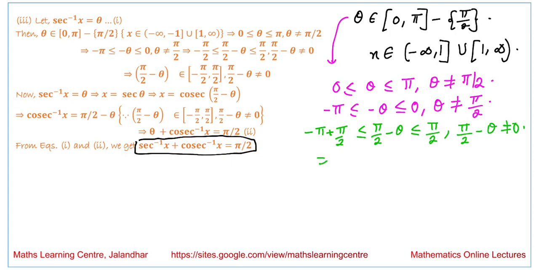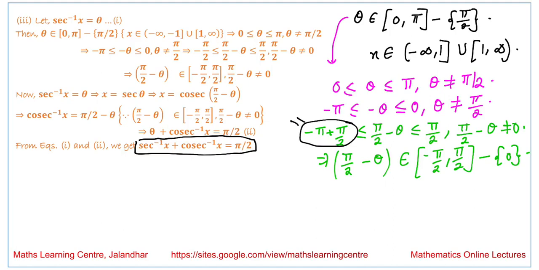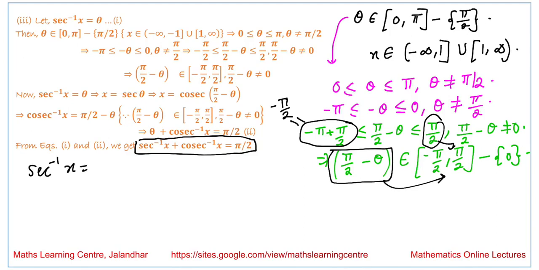So this implies that pi by 2 minus theta belongs to the interval minus pi by 2 to pi by 2, excluding the point 0. So this value is minus pi by 2 and this value is pi by 2. So we are saying the value of pi by 2 minus theta belongs to this interval. So what we get from this is that secant inverse of x is equal to theta.